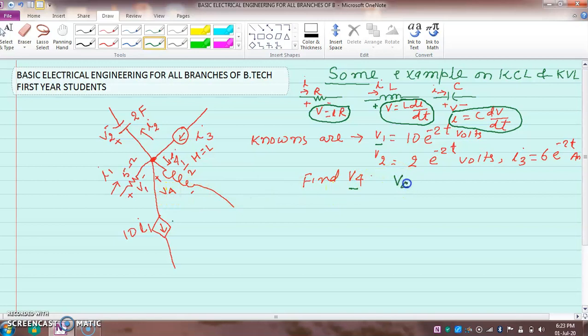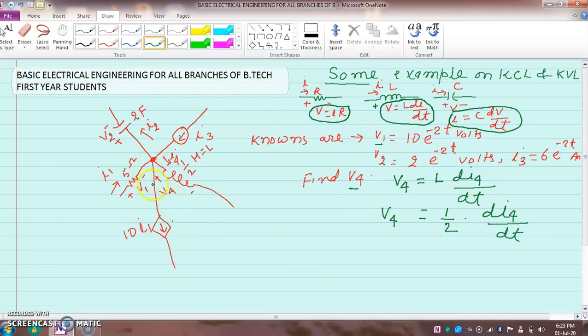The formula is V4 equal to L di4 by dt. Inductance is given as 1 by 2. So if we find I4, we will find V4. Our main task is to calculate I4.